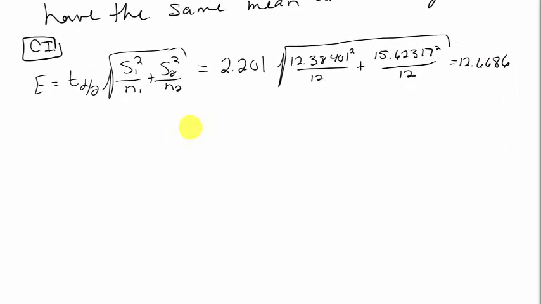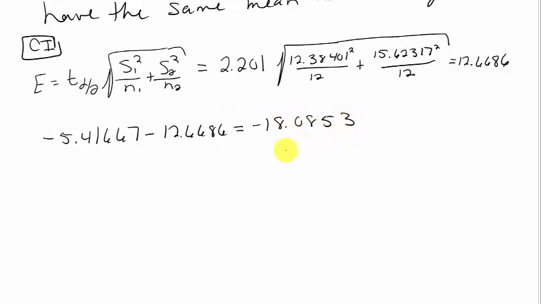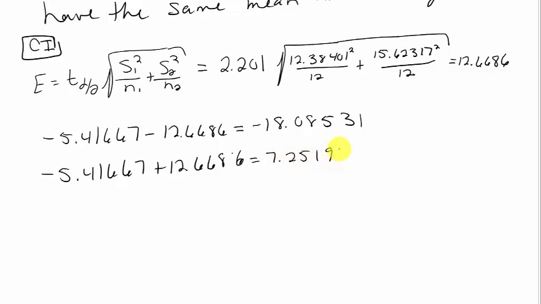Now we're going to subtract that from our difference from our calculation above. That was negative 5.41667. When you subtract that, you get negative 18.0853. And then negative 5.41667 plus 12.6686, and there you'll get 7.25197.